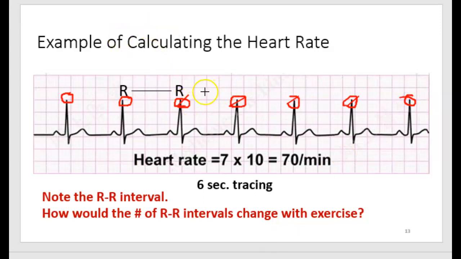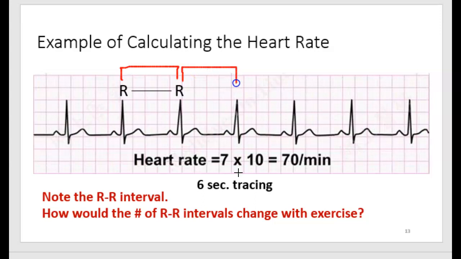Now, just so you know, this graph is electrical, but we're using the electrical to predict the number of times the heart physically contracts, and you would see movement. Now, I've got one quick question for you here. If this ECG was taken while someone was exercising, how do you think the R to R interval would change? And we will answer that in lab.